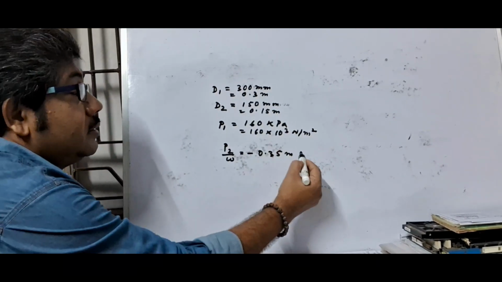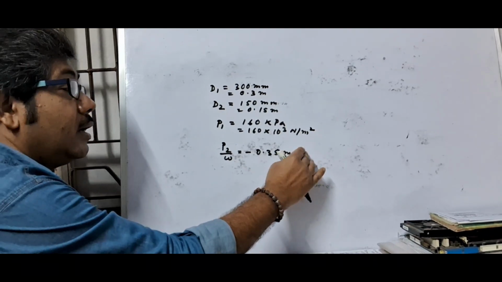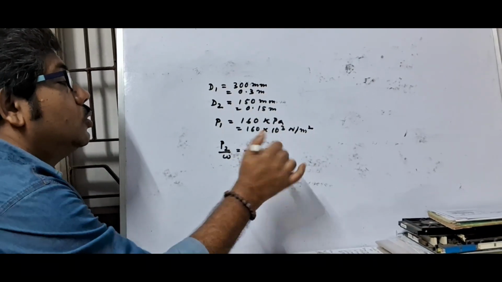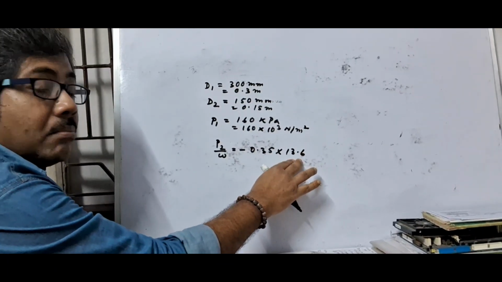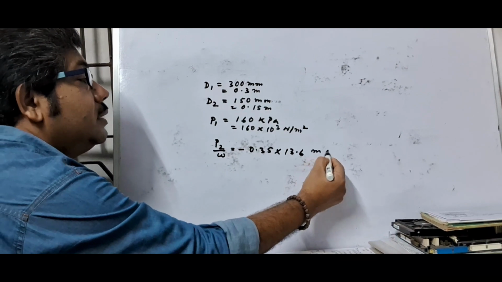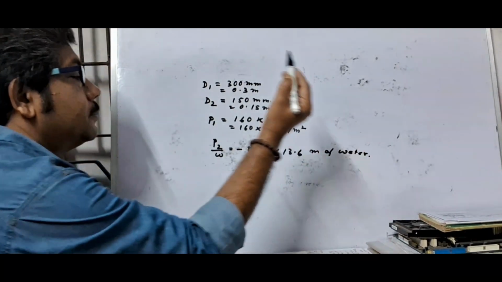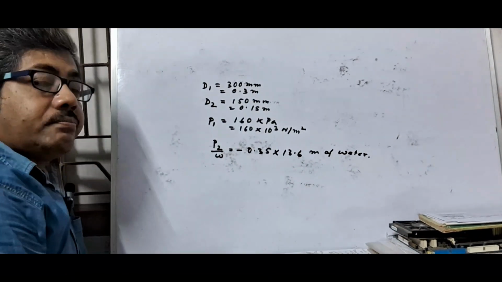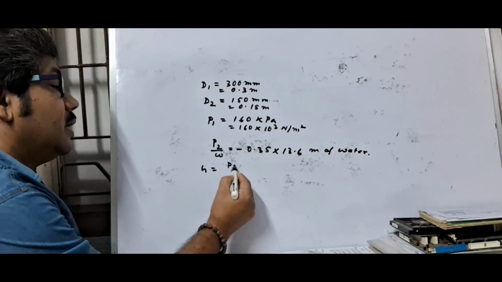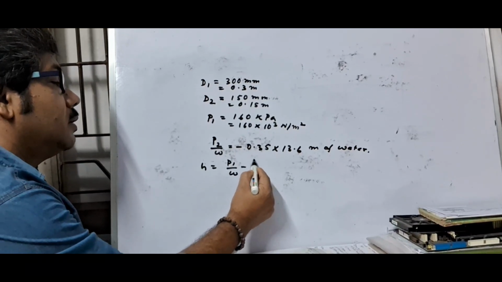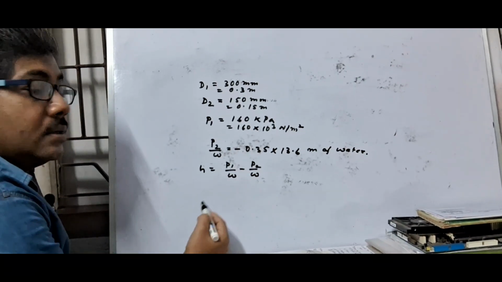Millimeter of mercury, but we have to convert it into head of water. So multiply by 13.6, the specific gravity of mercury, and this will be meter of water. Now we have to calculate Venturi head. This is H, and we know that this is P1 by omega minus P2 by omega.